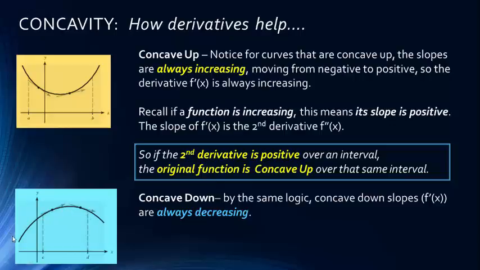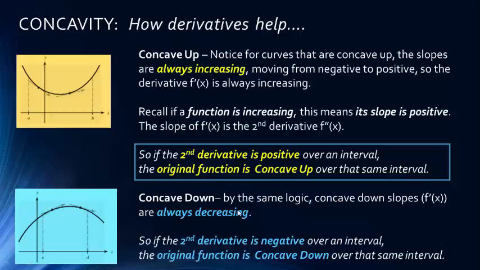So notice our slope going from positive to 0 to negative is always decreasing. All right? So this means that the first derivative, the slope, is always decreasing.